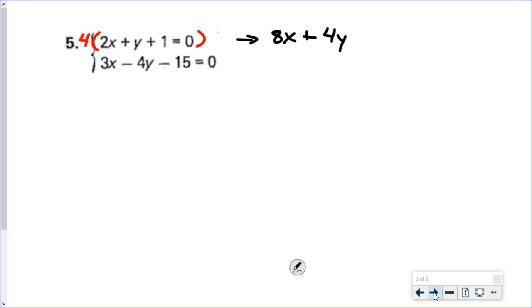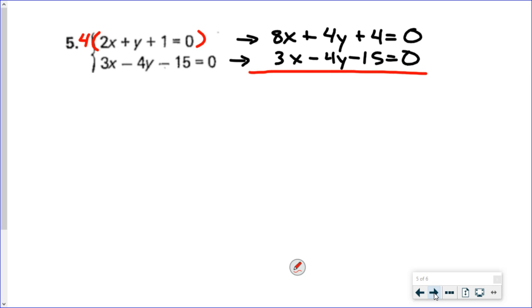Remember when I said when you have just an x or just a y, that's easy to change. Okay, I have to keep multiplying through. 1 times 4 equals 4, times 0 is 0. Now we have 3x minus 4y minus 15 equals 0. Again, everything's lined up. Okay, so we have 8 plus 3 is 11.